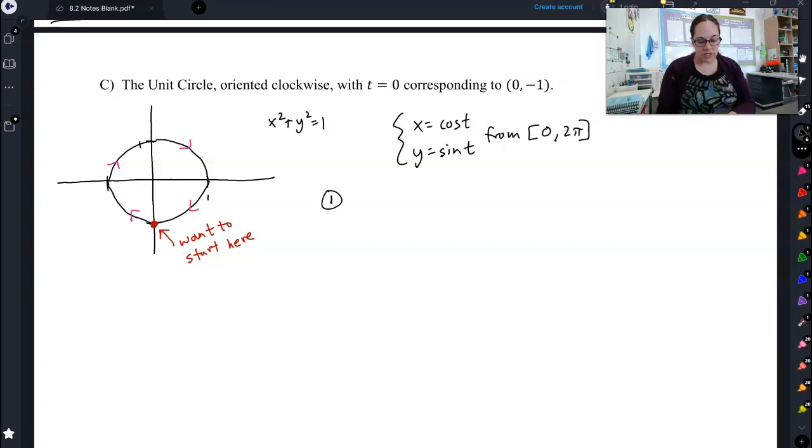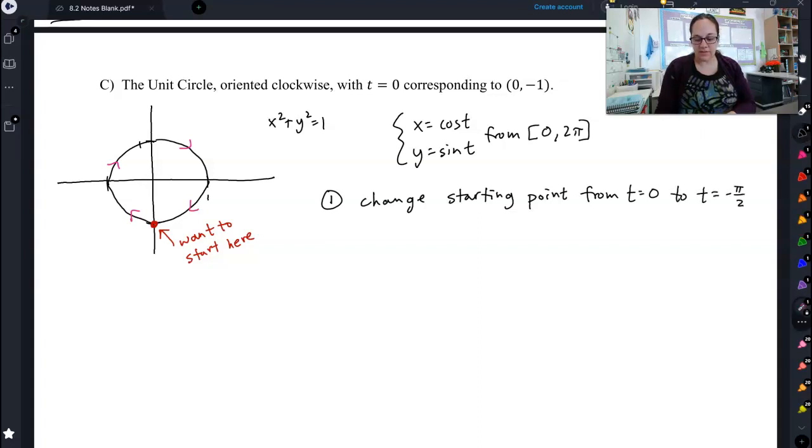Our first adjustment is we want to change the starting point from t equals 0 to t equals -pi/2. I want to start down here. So instead of from 0 to pi, I want to start here and go around.